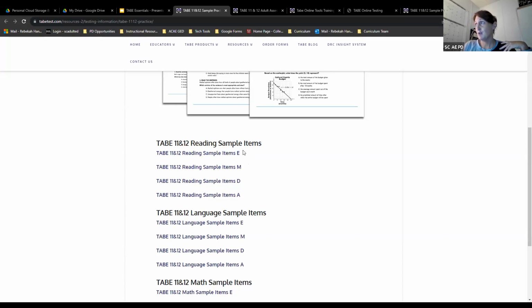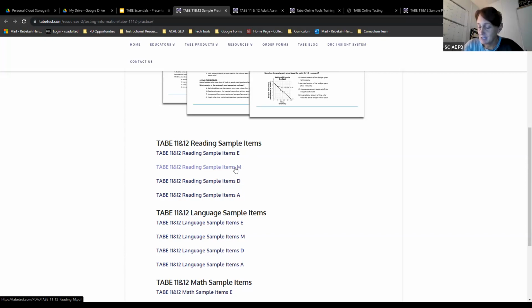Now, I think anybody would agree with me, the majority of our students are probably entering right here in this E and M level. We know we have some work to do in our classes, and that's what the TABE test shows us. So if you have a student who pre-assesses in TABE 11 and gets book E, they've got a ways to go. Now there are some caveats, of course.